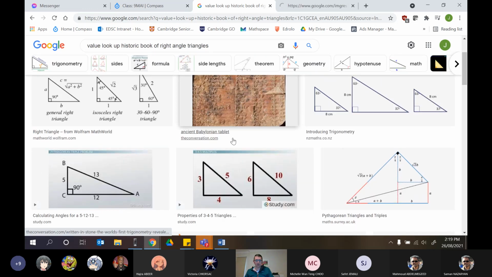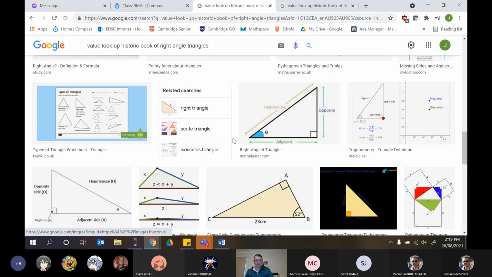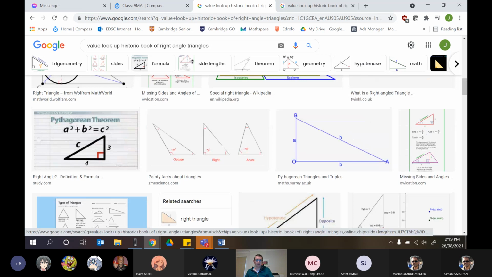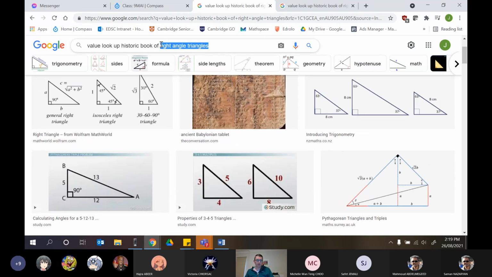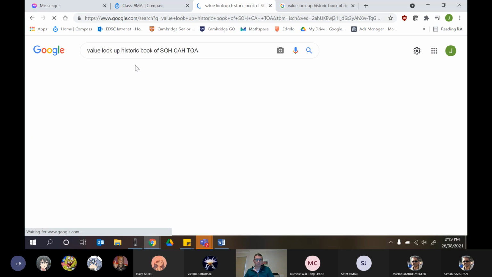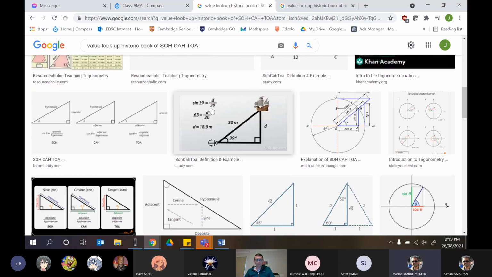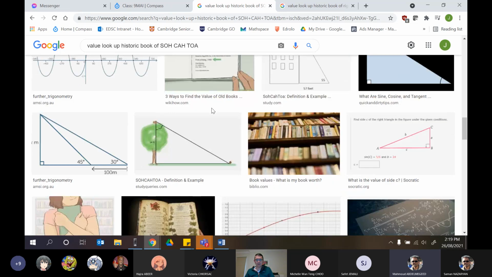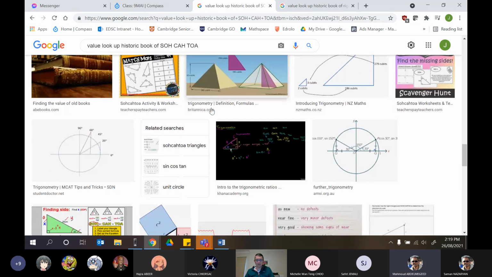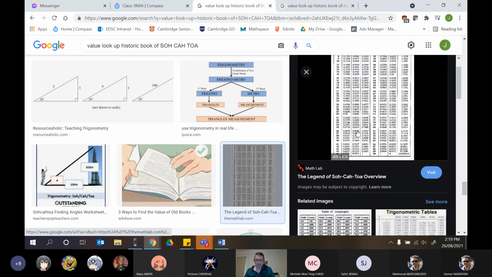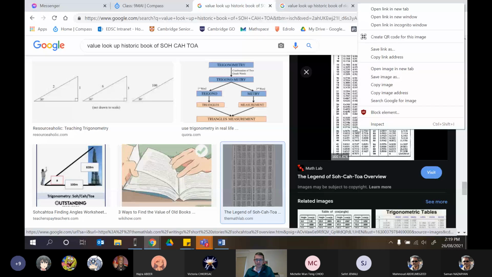There's the tablet. Where is it? It was really, really thick. I saw it. It was like insanely thick. It's huge. The thing was massive. I can't find the book. This is really annoying.